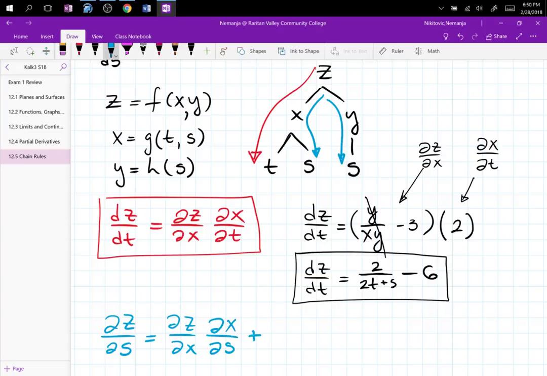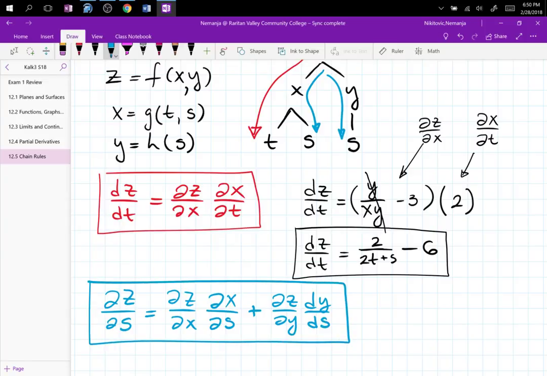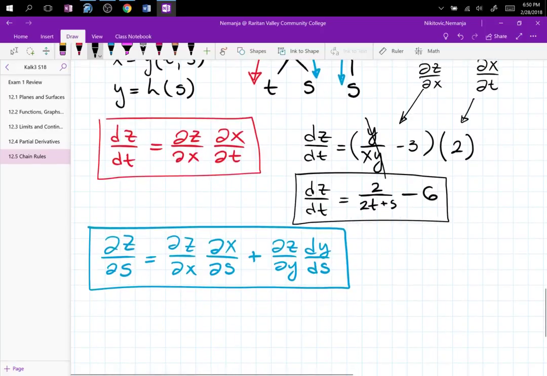Plus, because there is a second branch, that's going to be partial z, partial y, and then regular dy/ds. It's a straight through shot. So we use the tree to create the formula for our partial derivative, and then we just go and solve each of the pieces looking at our formulas.